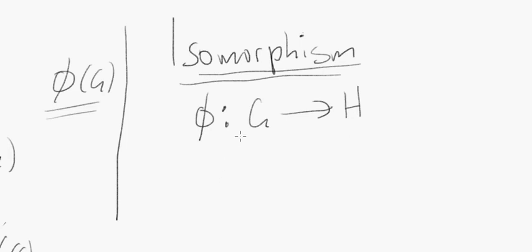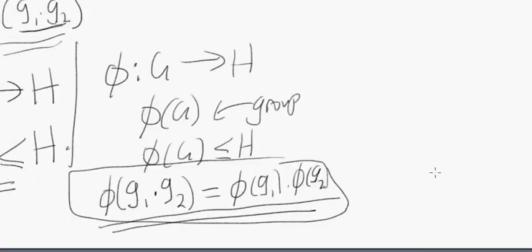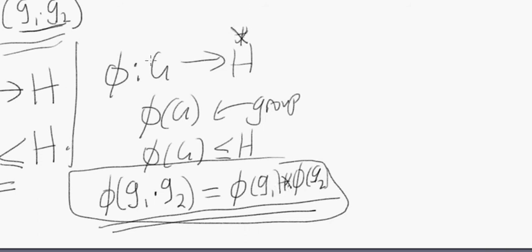It's a function, and it takes two elements of the group, and phi of G1 times G2, that is, when you multiply them in the group, the answer is the same as if you'd sent G1 to H first by getting phi of G1, and G2 to H by getting phi of G2, and then multiplied them later using the group operation for H. Maybe I should write it like this. Here I'm saying that the operation for H is this, the multiplication operation for G is that. So that's what it means to be a homomorphism. But the key thing is that a homomorphism is a function.